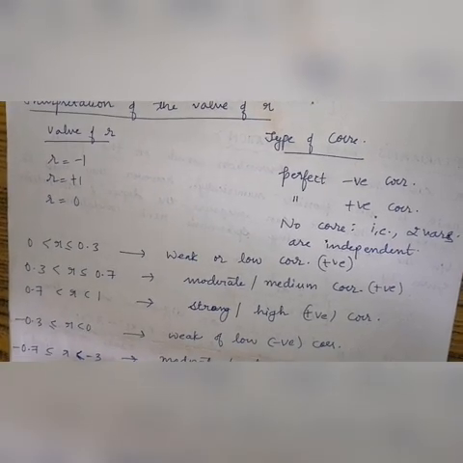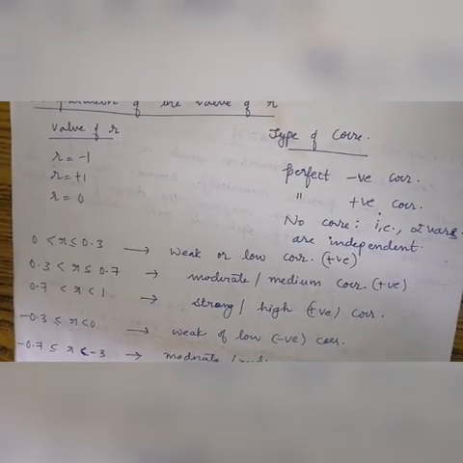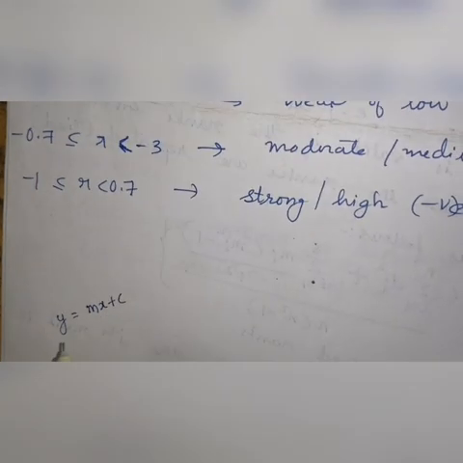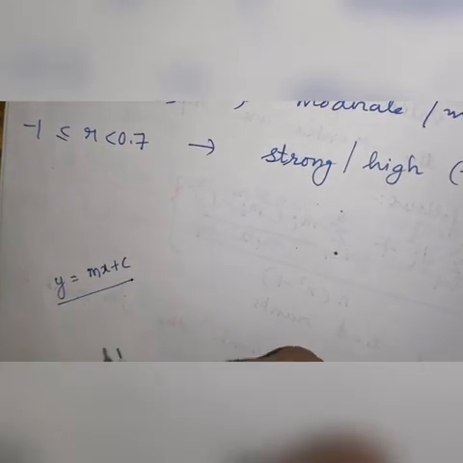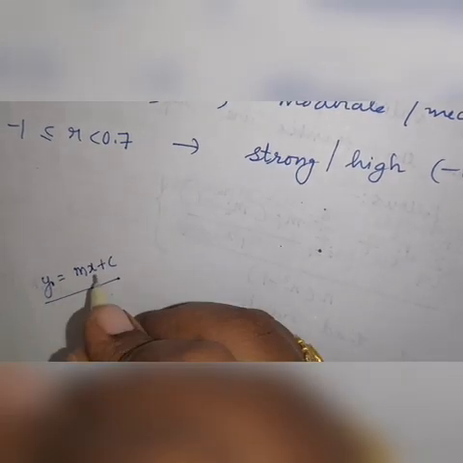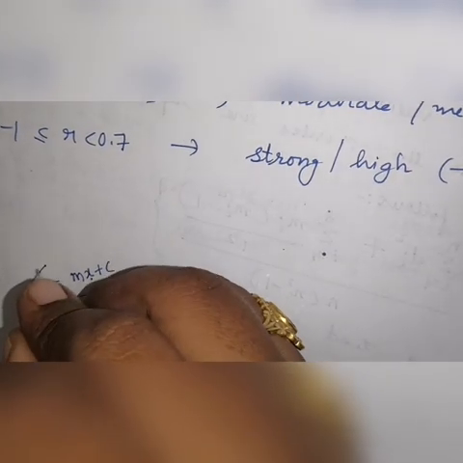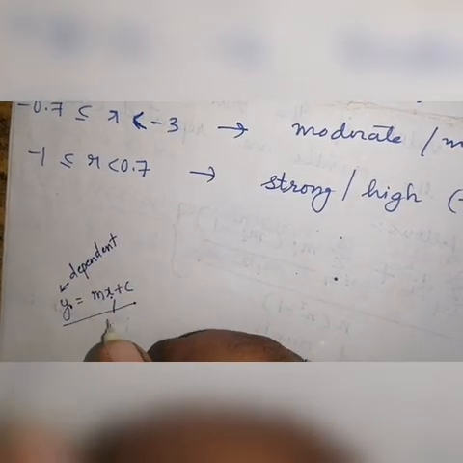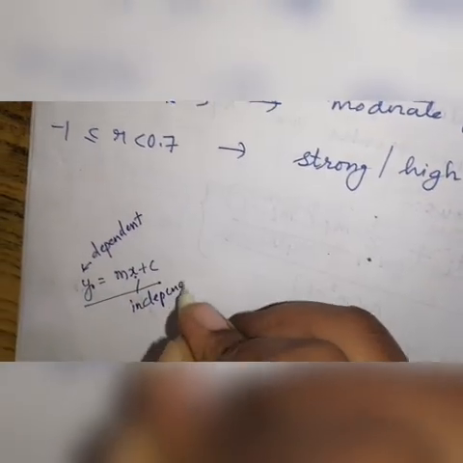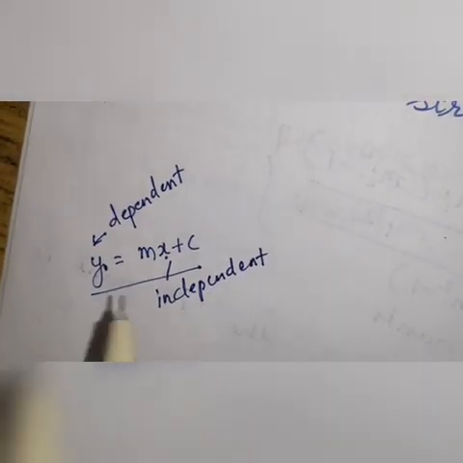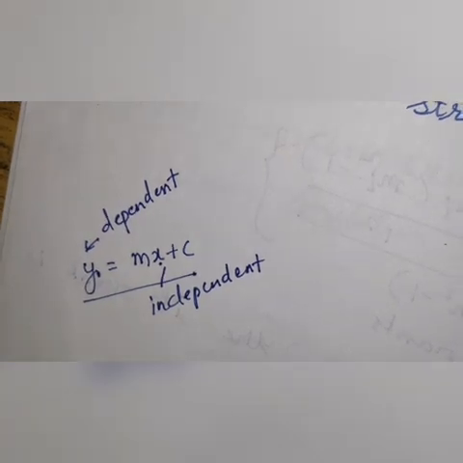For example, y equals mx plus c is the equation of a line, isn't it? So here y is the dependent variable and x is the independent variable. So y always depends on the value of x for its value.